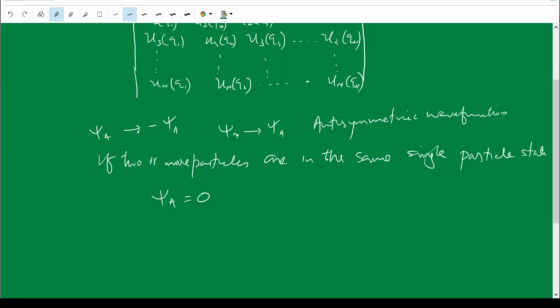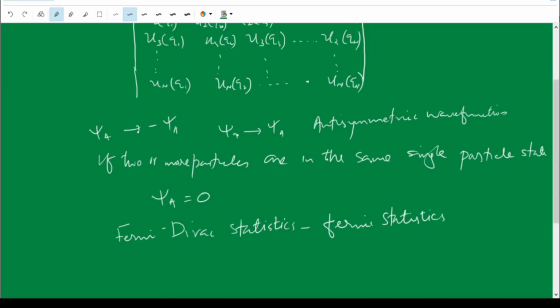The statistics of particles obeying the exclusion principle is called Fermi-Dirac statistics, or simply Fermi statistics.